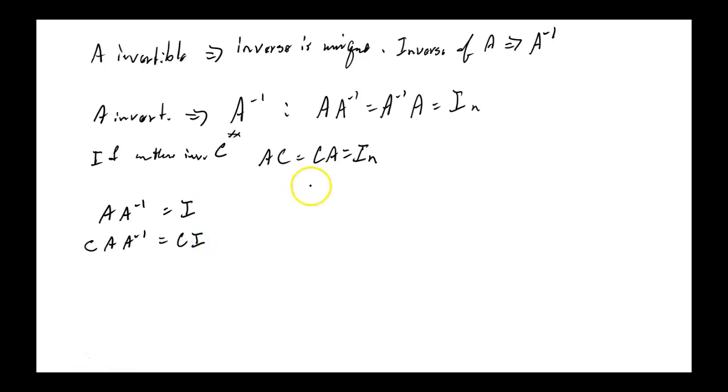Okay, but we just said that CA is the identity matrix from here, and the identity matrix times A inverse is equal to C times I. Well, anytime you multiply identity matrix by a matrix, that comes out being A inverse, and that same thing here would have to be C, and therefore can't be.